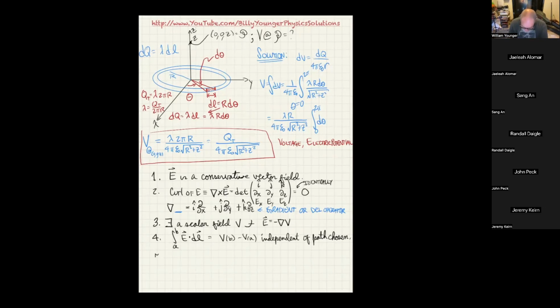There's also another one, the closed integral of E dot dl is equal to 0, which I think is pretty much covered by 4, but we always put it as a separate one. You can see that if A and B were the same location, then the potential at A and the potential at B would be the same, and the subtraction of them would make that 0 no matter which way you went. So that's why the closed integral is equal to 0.